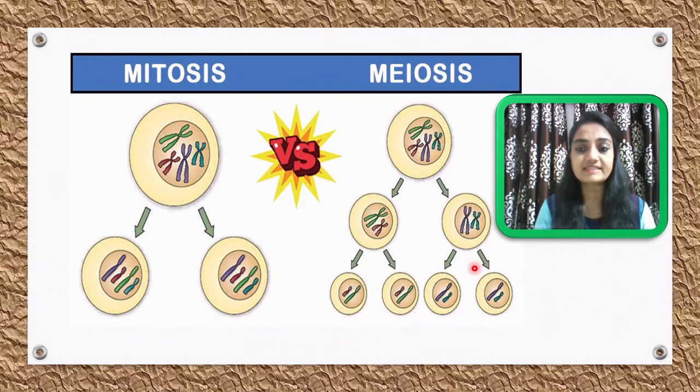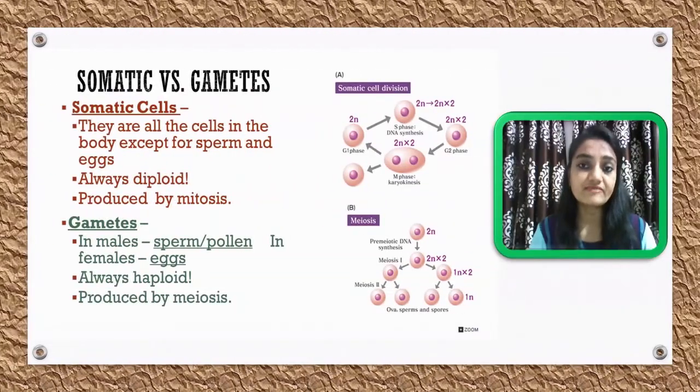Now let me explain how they are differentiated. Any organism has two types of cells, which may be divided into two groups: somatic cells and gametic cells, also called gametes. Somatic cells are the cells in the body except for the sperm and eggs.